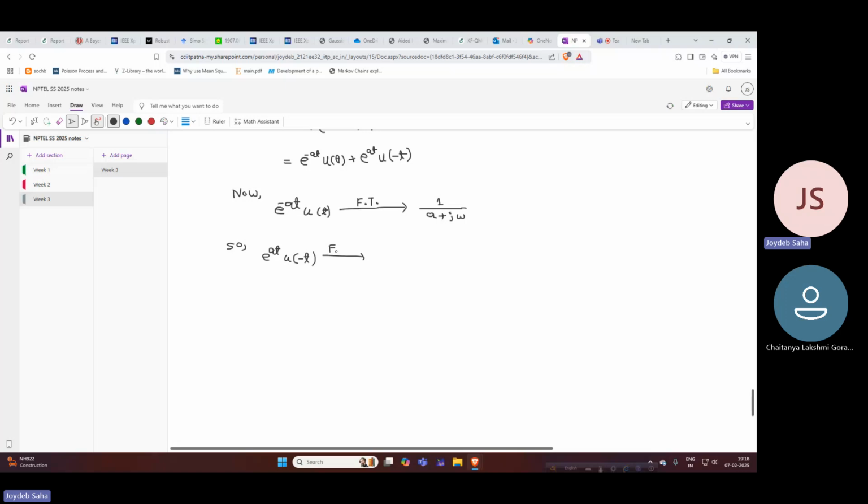Its Fourier transform is 1 upon a minus j omega.